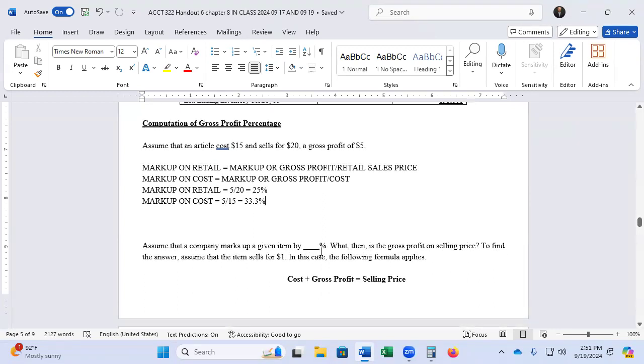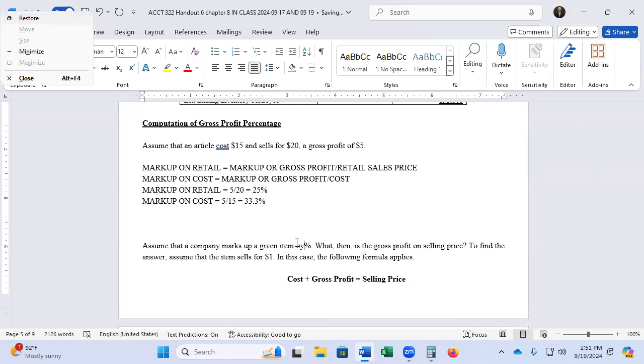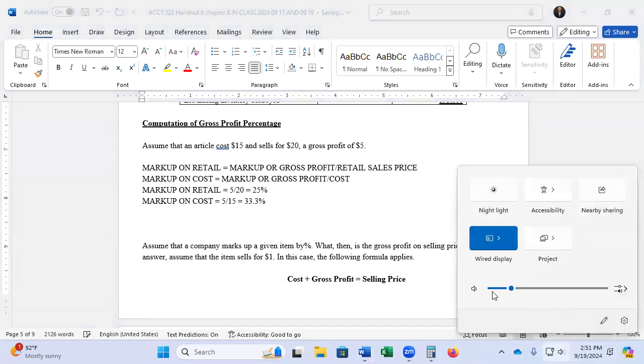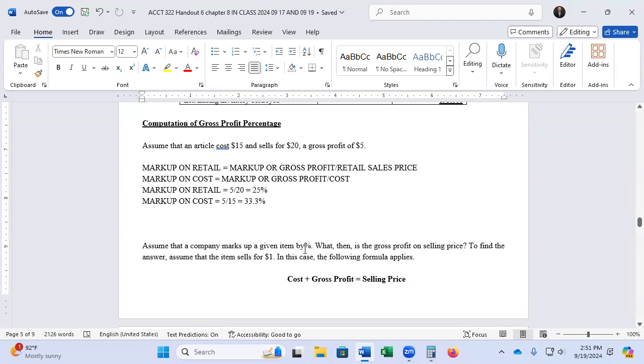So if we assume that a company marks up a given item by 25%, we're going to look at the formula and walk through it. Keep in mind, this is just rearranged.